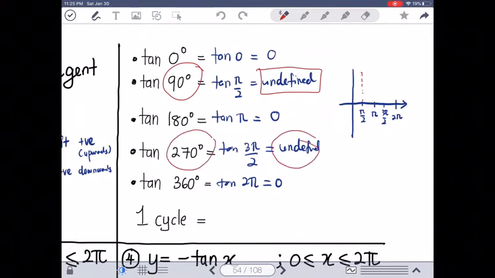So we will have asymptotes at 90 degrees and 270 degrees, or pi over 2 and 3 pi over 2. The graph will look something like this.